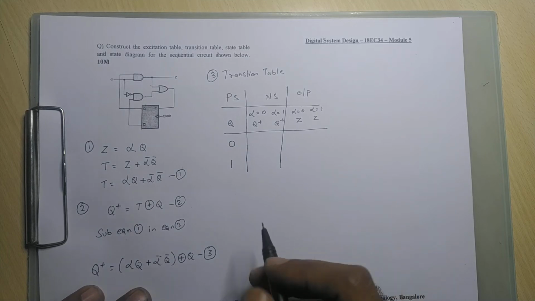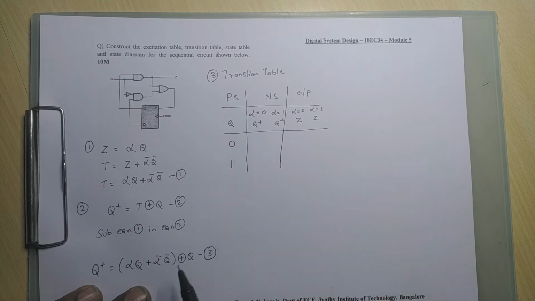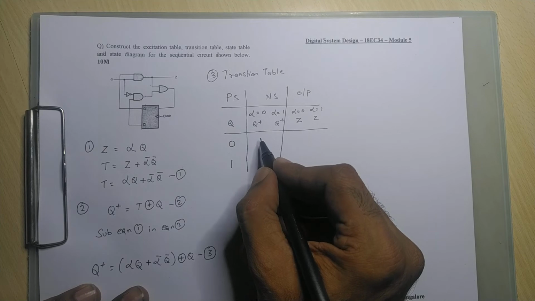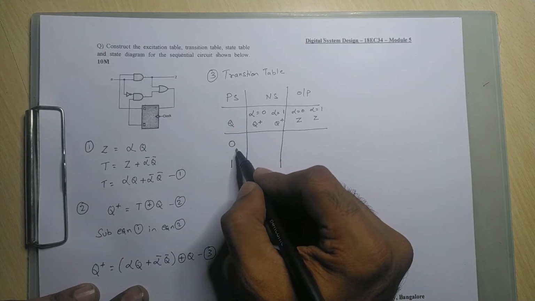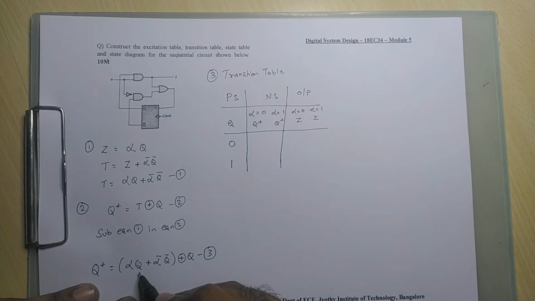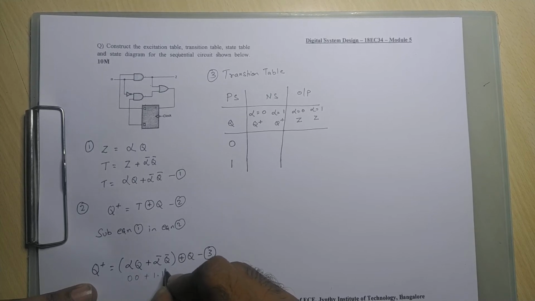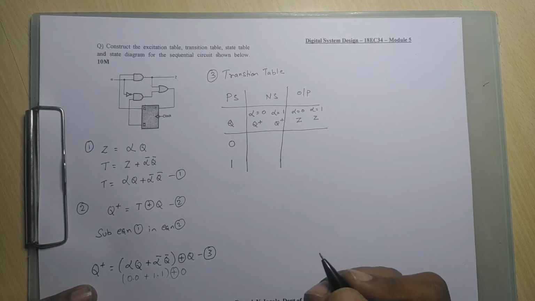What can I do? I can substitute the Q value and alpha value in this equation and I can fill in this table. For example, let us take Q is equal to 0, alpha is equal to 0. 0 into 0 is 0, so let me write it here, 0 and 0 plus 1 and 1 XOR 0.